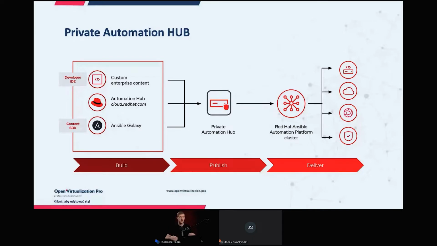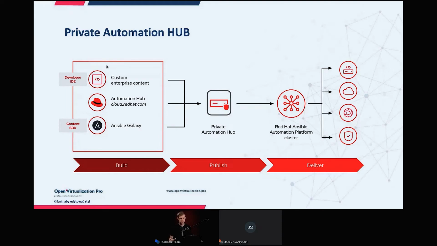And if you go further in the automation development, in the content development, like module development, role development, then at some point you're going to need to create your own collections, your own execution environments, basically your own custom content, and you can put it as well inside your private automation hub.